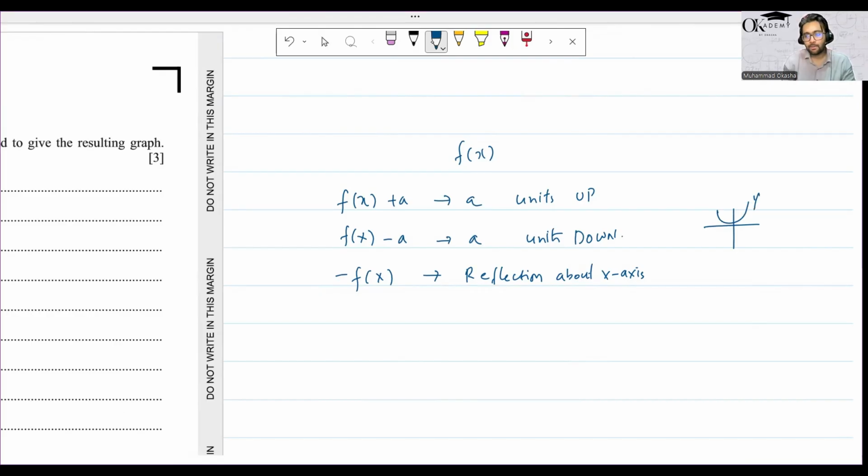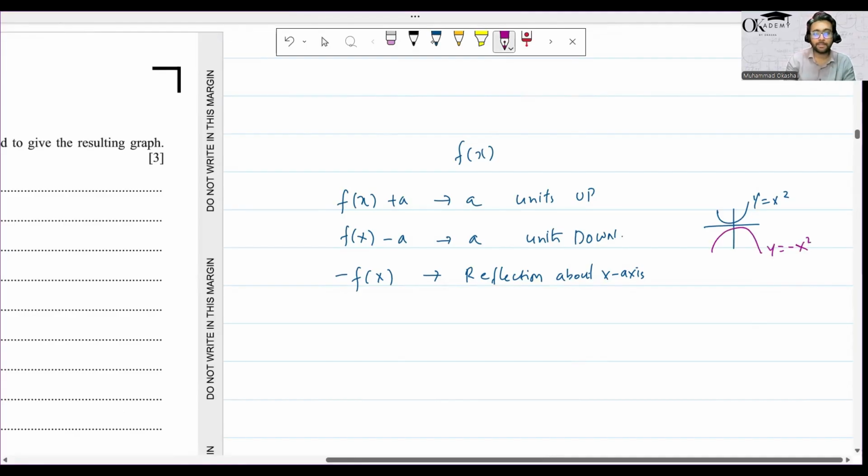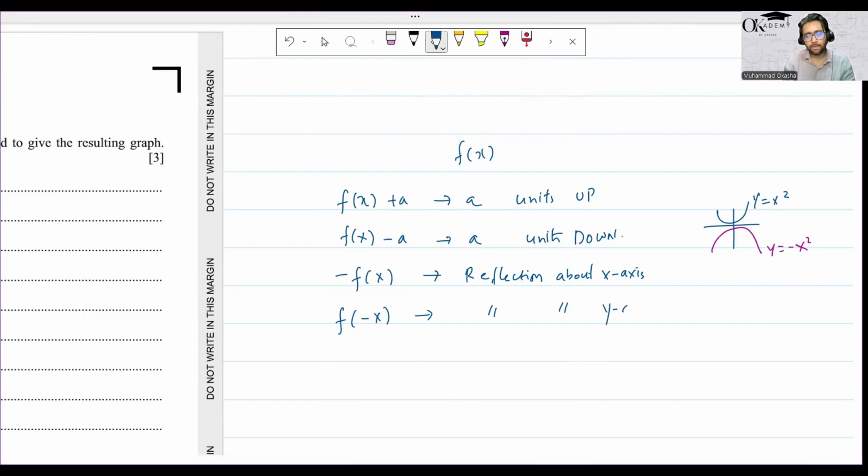This is y equals x squared, but if I want a reflection over the x-axis, that is going to be minus x squared, right? But if you have f of negative x inside the bracket, that is going to be a reflection about the y-axis.